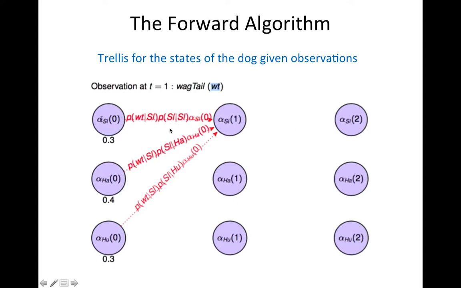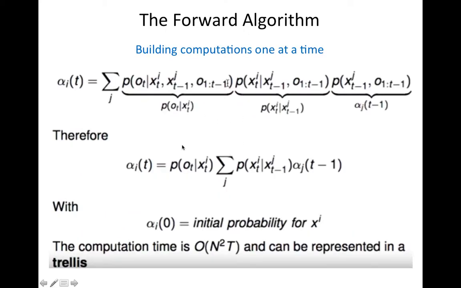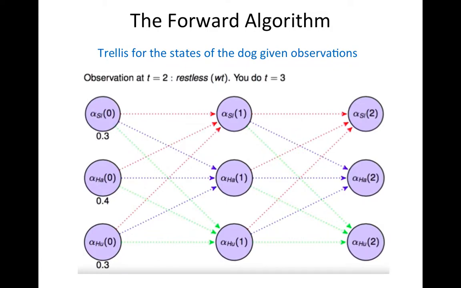And we know if at t equals 1 it wags its tail, what is the probability of being in the sleepy state? So we can compute this quantity with this formula, alpha i, and then see which one is the maximum and then identify the state. So the same idea here.